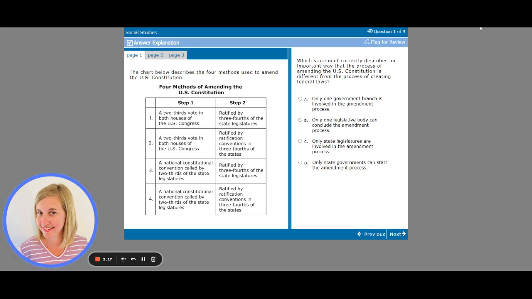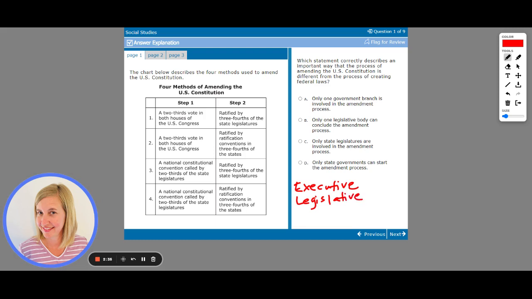So let's go ahead and recall what the 3 branches are. The first branch of government is the executive. The second is the legislative. And the third branch is the judicial.